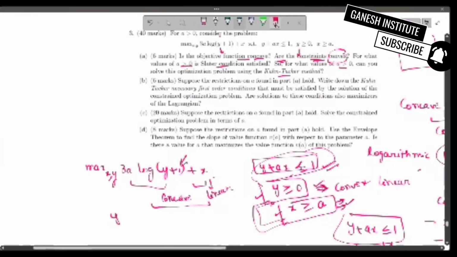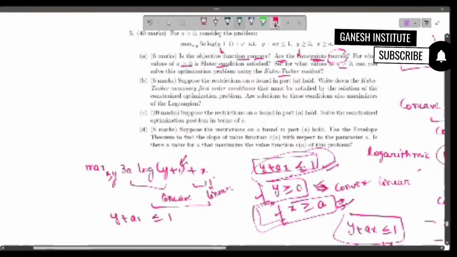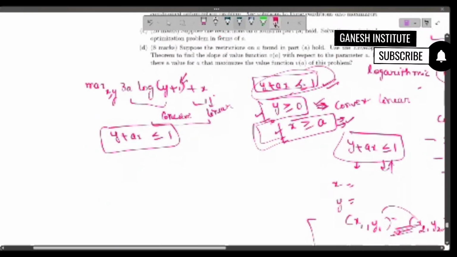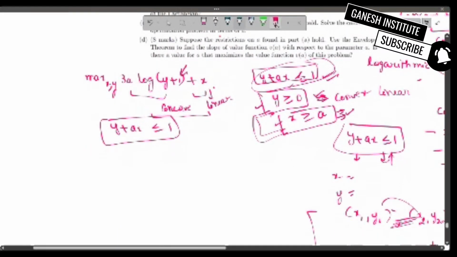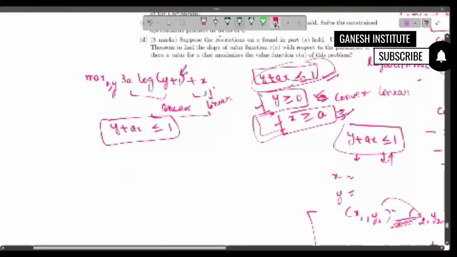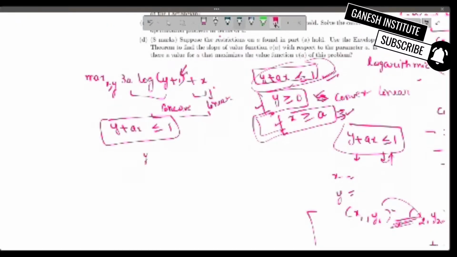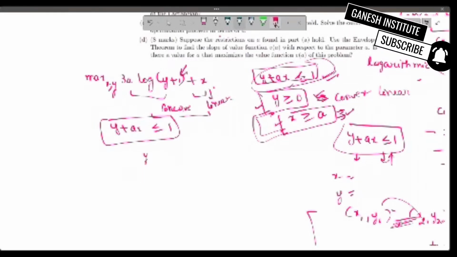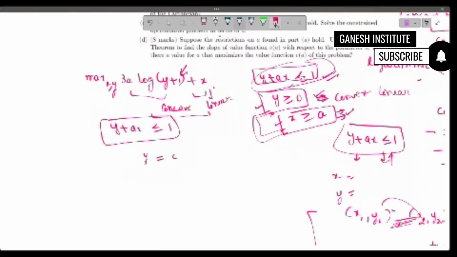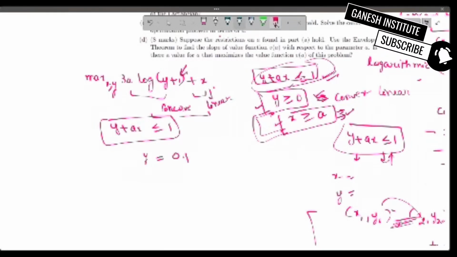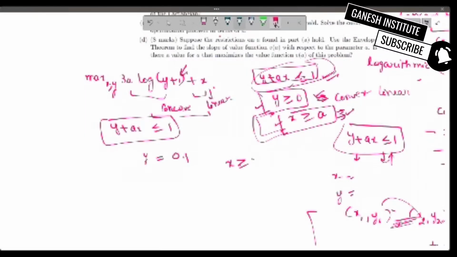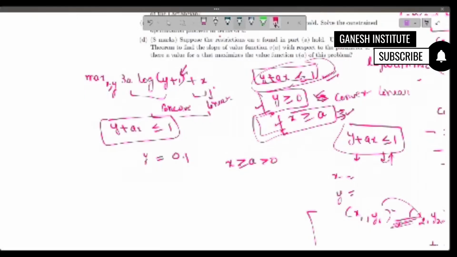Now you have y plus ax less than or equal to 1. You can have anything. If I assume my x and y to be something, for example, what is the condition for y? Y is greater than or equal to 0, so let's have 0.1, and x is greater than a, which is greater than 0.